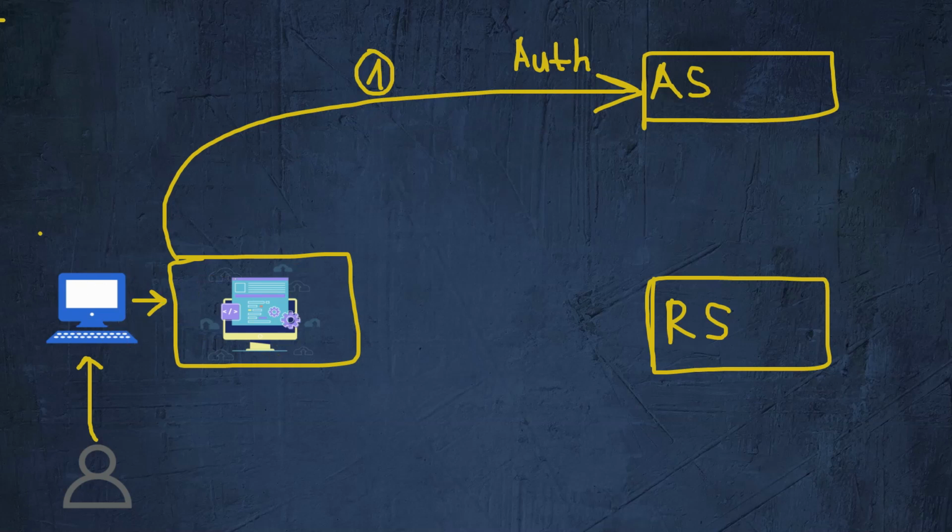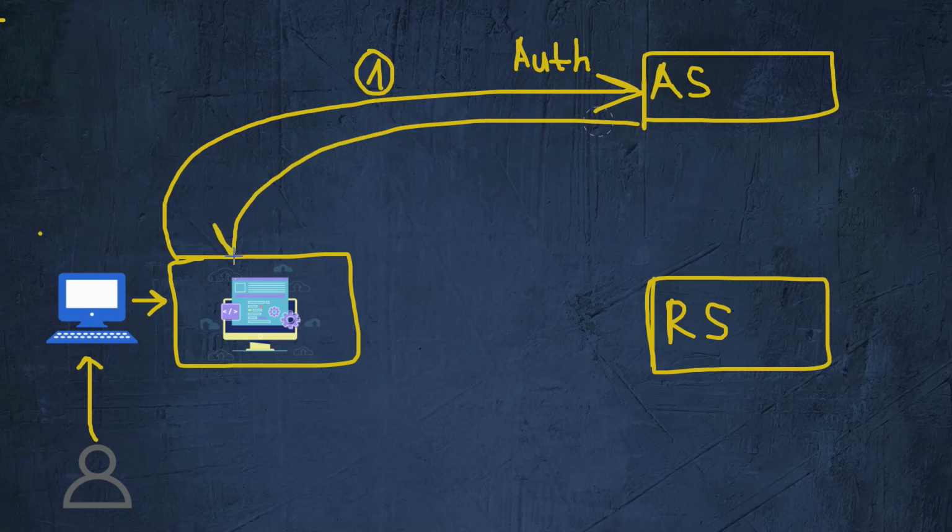And in case that our application runs in the front end, so in the browser, we would also use authorization code with PKCE, which is just an extension that uses a code challenge and a code verifier. So in this case, we are going to get returned an auth code.